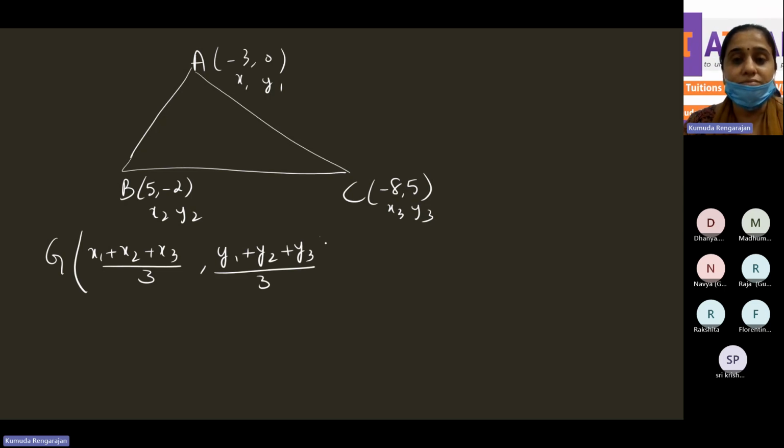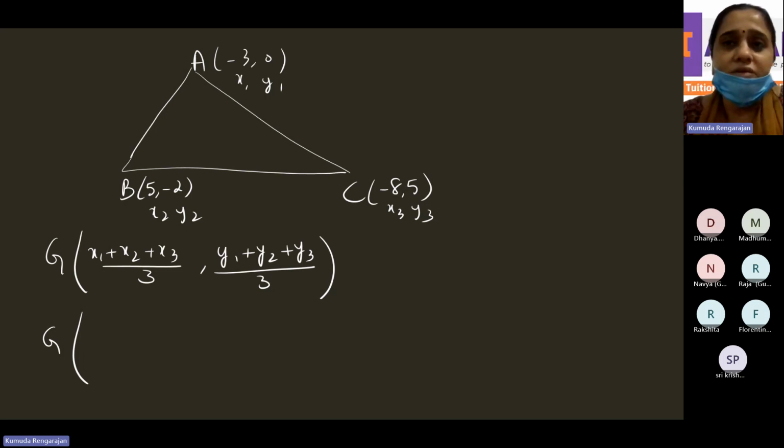Applying that here, you can write the coordinates like this also. What is the x coordinate of G? x1 plus x2 plus x3 by 3. What is the y coordinate of G? y1 plus y2 plus y3 by 3. You can find them separately and then write in brackets, or you can directly find like this.